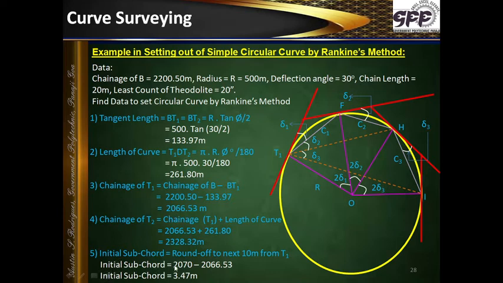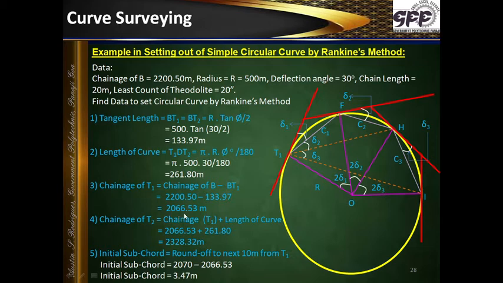So initial subchord will be 2070 minus 2066.53. Now when I'm going on measuring this, this point I want over here as 2070, so that next chains I can easily add them as 20 meters. Otherwise adding for this number would be quite cumbersome.